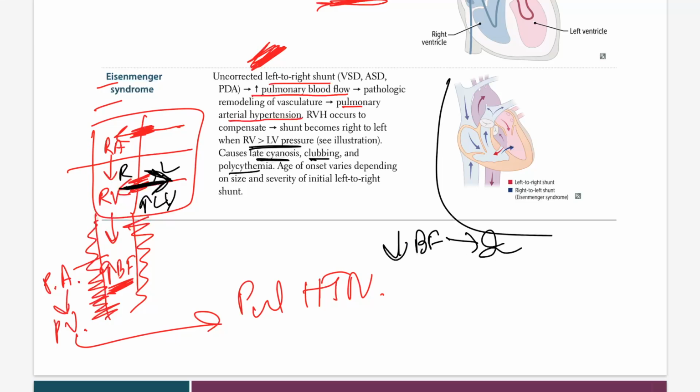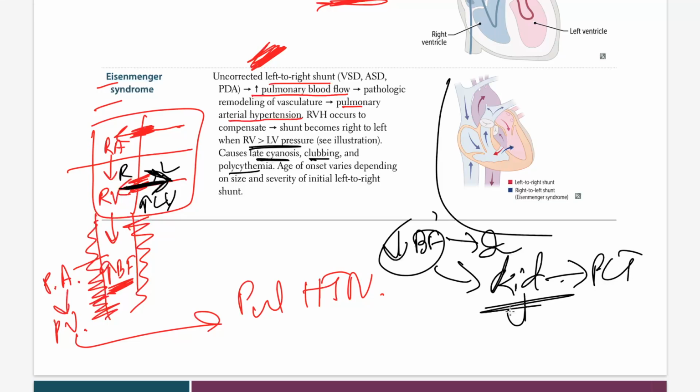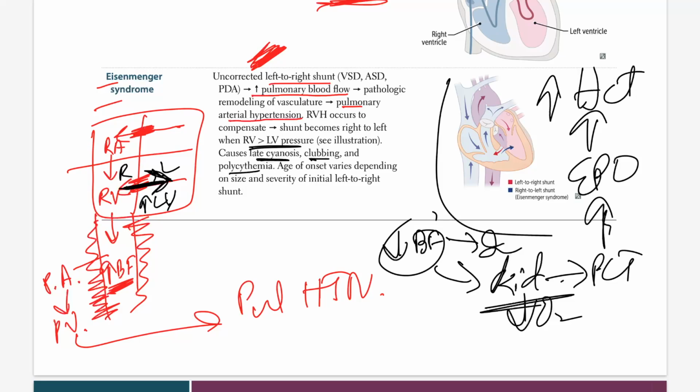You're causing ischemia, and this low blood flow, when it goes to the kidney and the PCT, they sense this low O2 or low oxygen levels. What they would do is they would release EPO, erythropoietin, which will cause increase in hematocrit, which is known as polycythemia. Age of onset varies depending upon size and severity of initial left to right shunt.